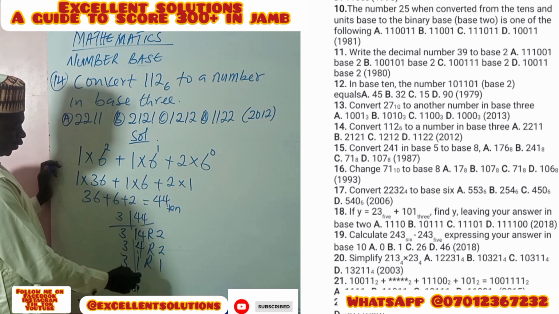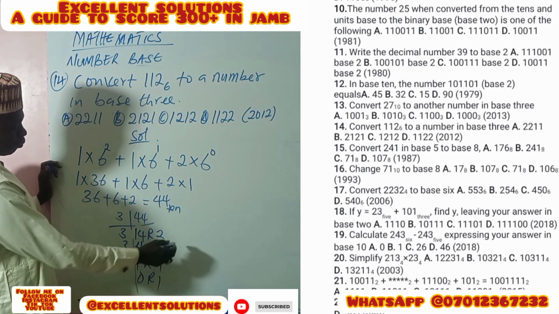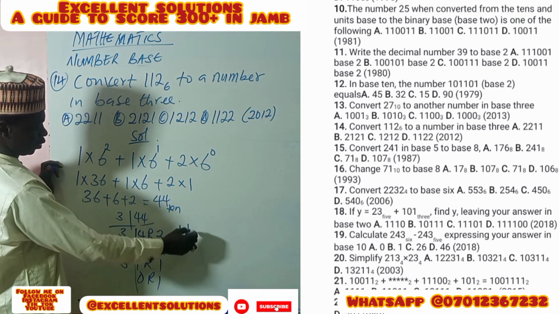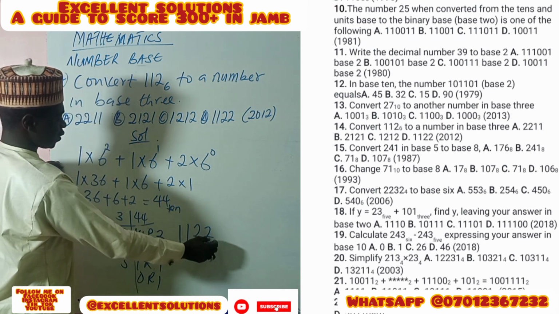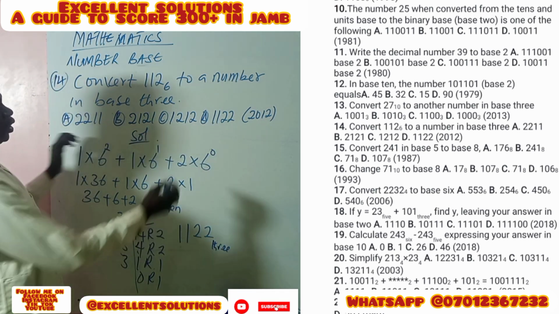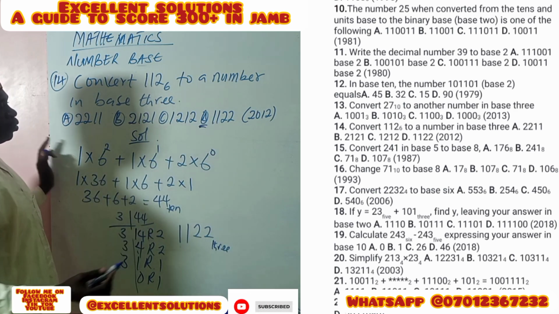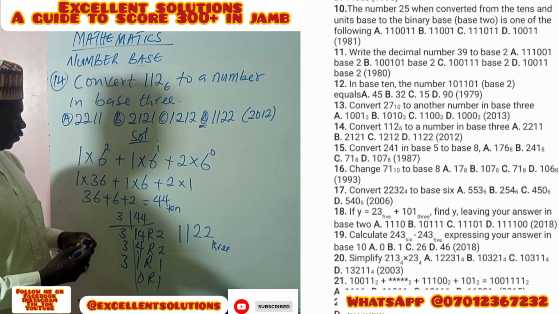So 1 divided by 3, we have 0, remainder 1. If we take the numbers, the answer is 1, 1, 2, 2 base 3. If we look at our option D, we have 1, 1, 2, 2 base 3. This question is a question of 2012.